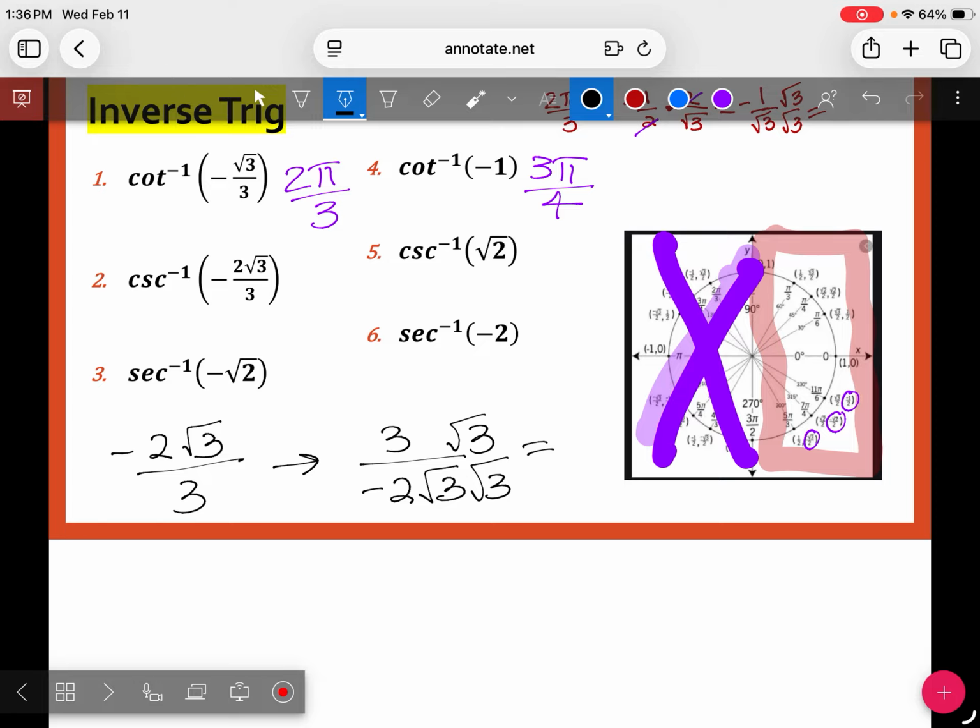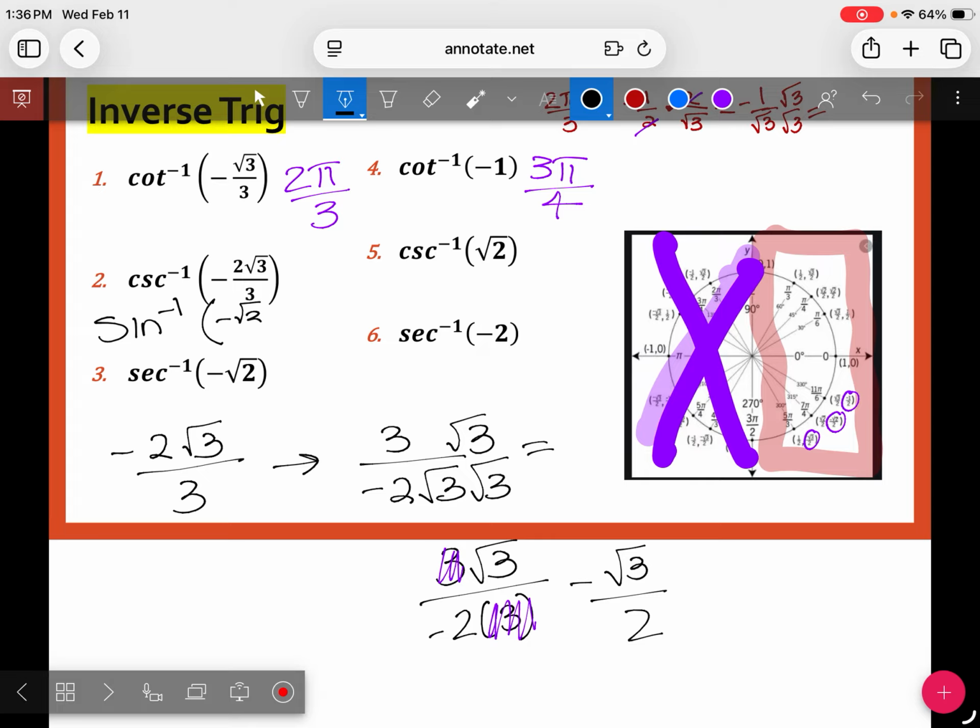When you flip it, you get 3 root 3 over negative 2 times 3. These are going to cancel, and you're left with negative root 3 over 2. So whatever angle has a cosecant of negative 2 root 3 over 3 is the same angle that has a sine of negative root 3 over 2.